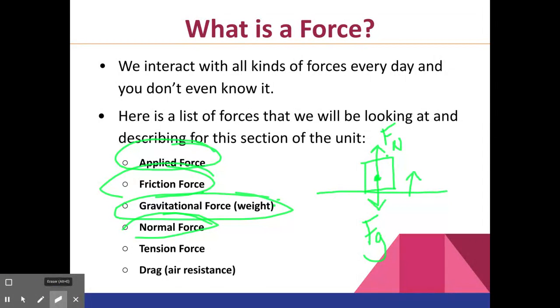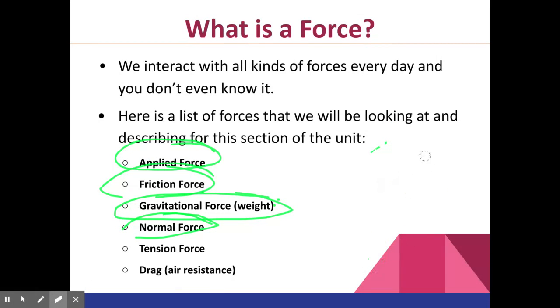Okay. And then we have what's called the tension force. Tension forces we don't get into pretty much at all. But let's say you have a ceiling here, and you've got something hanging from that ceiling. Let's say a light.